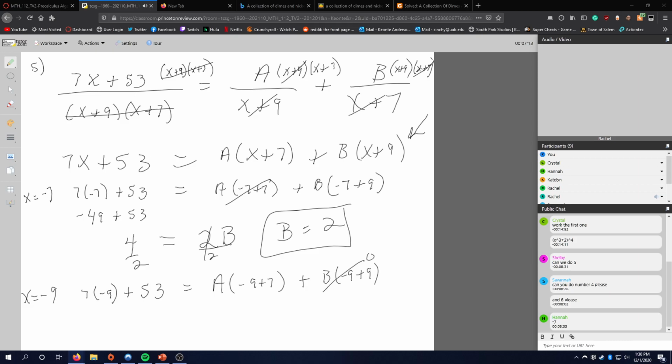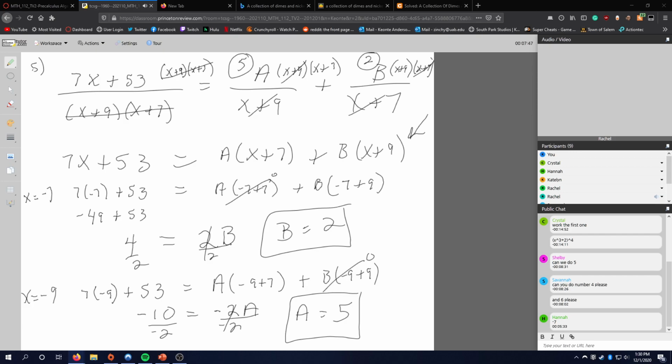Now this one goes to 0. So -63 plus, that's -10, going to be negative 2A. If I divide by negative 2, I get A equals 5. So A is 5 and B is 2.